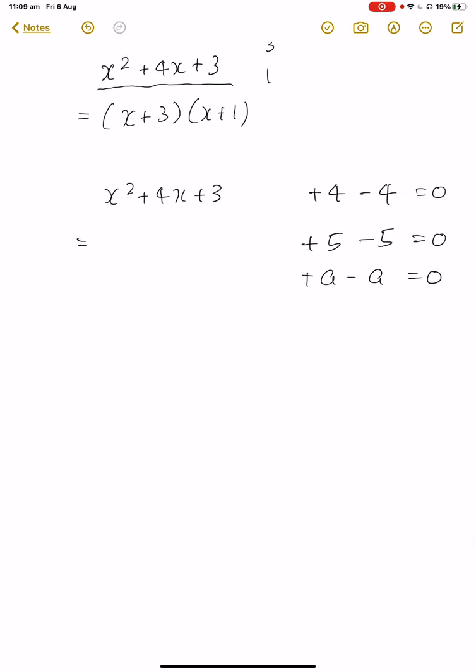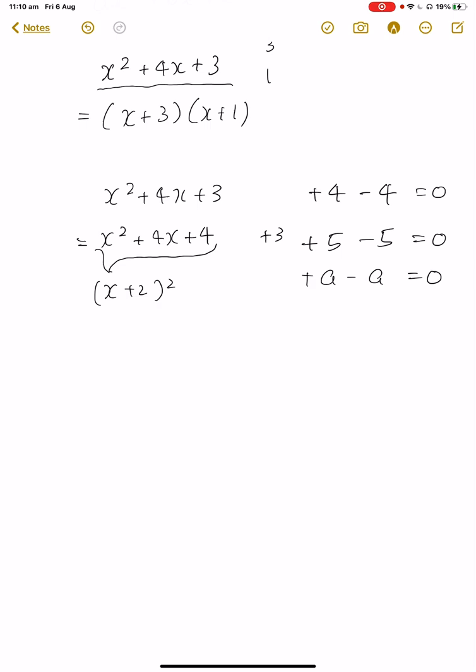So if we look at x squared plus 4x, and let's just move the 3 over here for a moment, we can make x plus 2 all squared by having a 4 here. So this would go into here.